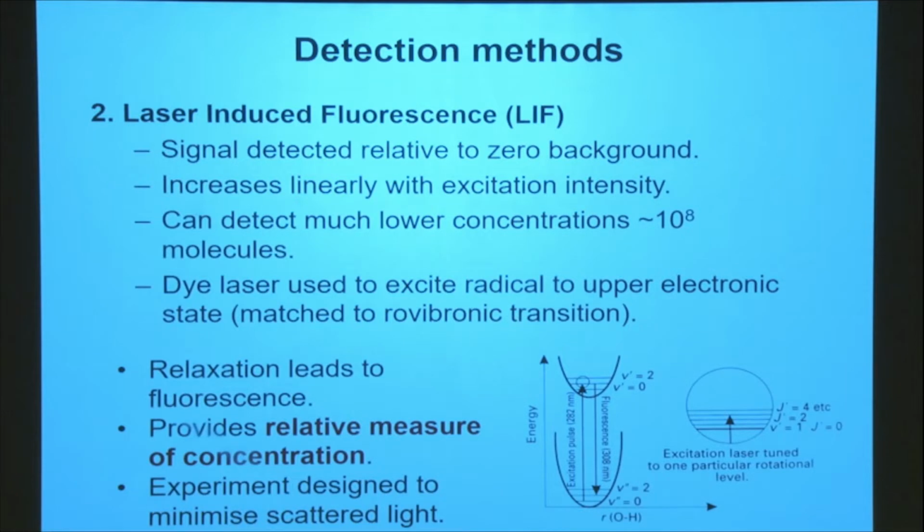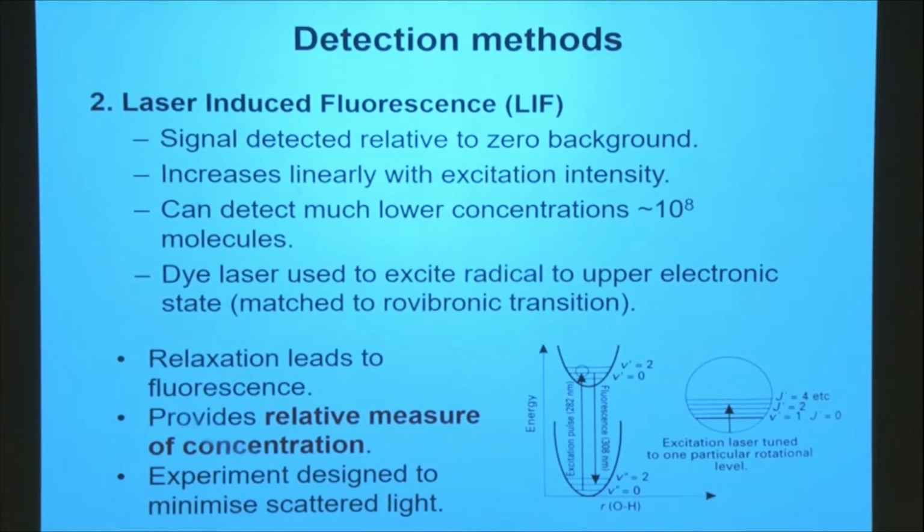The second detection method is a more sensitive method, but in this case it's only giving us a relative measure of the concentration. And this is laser-induced fluorescence, or LIF, you'll see in the literature. So here, we're tuning our probe laser to excite a given energy level jump, and then we're monitoring the fluorescence as the electron drops back to its ground state.